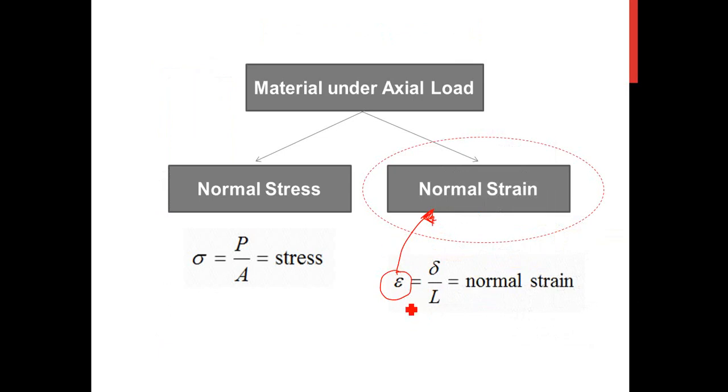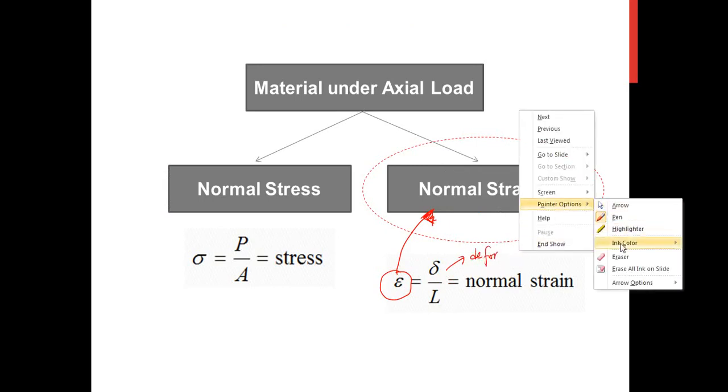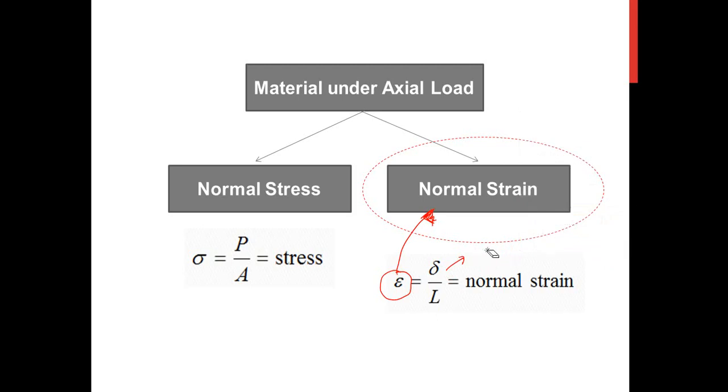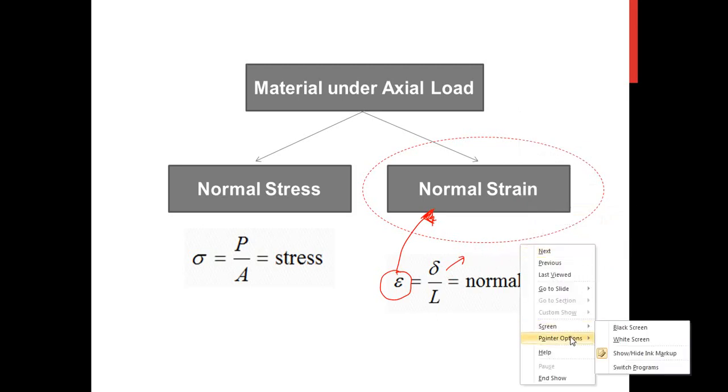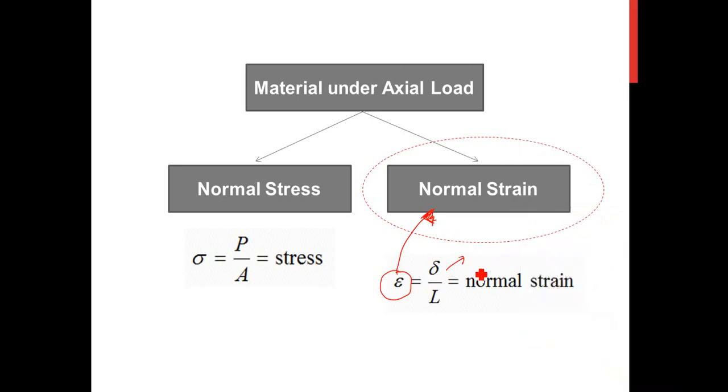The normal strain is given by delta over L, where delta is the elongation of the material, divided by L, the original length.